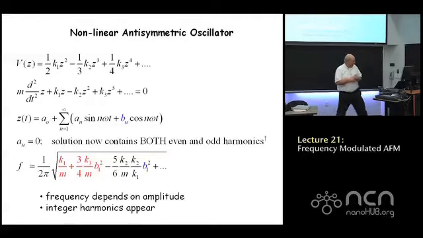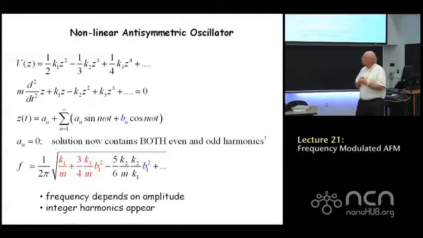Well, I'll just quickly add on that even A0 will depend on B1. It's not a fixed number, it actually depends on the amplitude. It's an interesting thing that even the DC component depends on it.